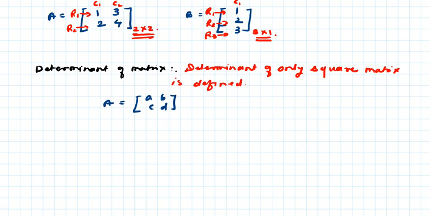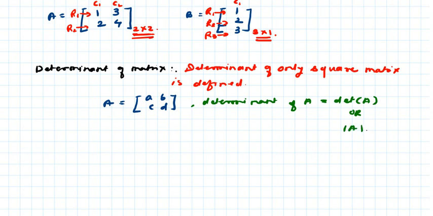Then the determinant of the matrix A will be denoted as det A, or |A|, and it is given by: you just need to take the cross multiplication a into d and subtract c into b.